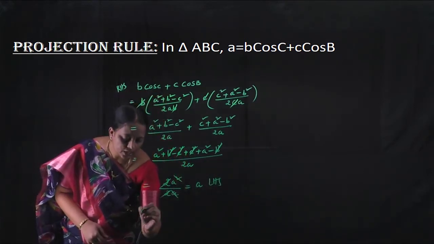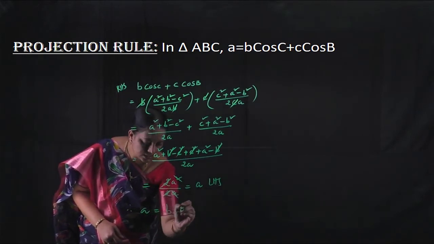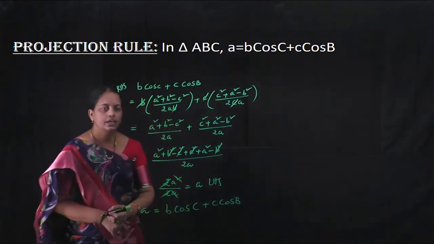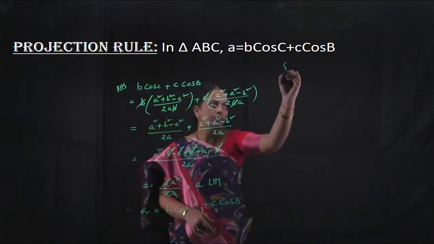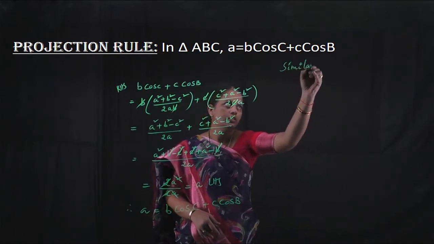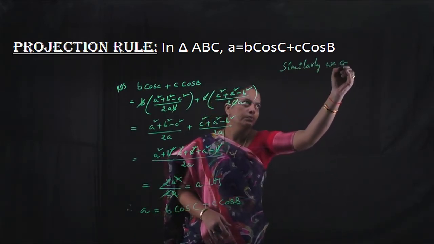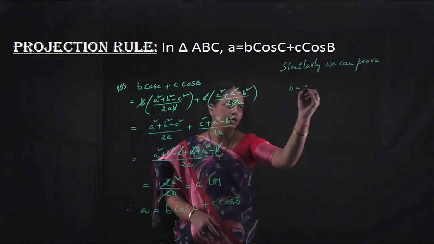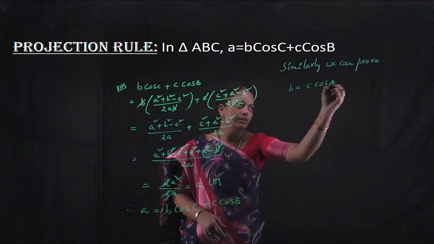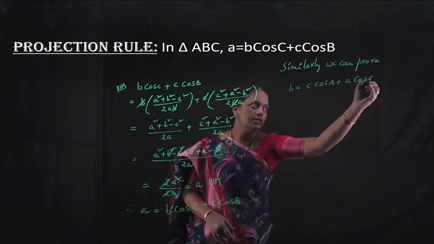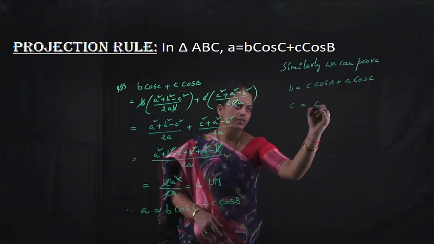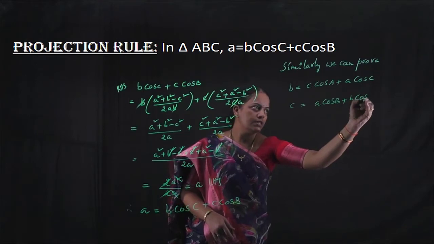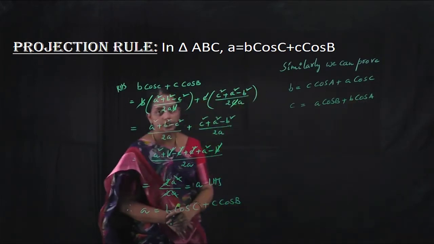Therefore, a equals b cos C plus c cos B. Similarly, we can prove for b and c also: b is equal to c cos A plus a cos C, and c is equal to a cos B plus b cos A. These are called projection rules.